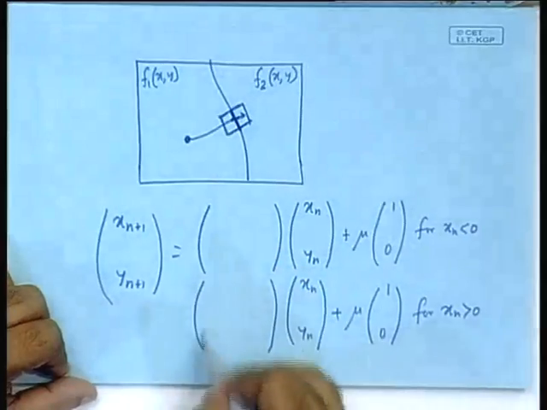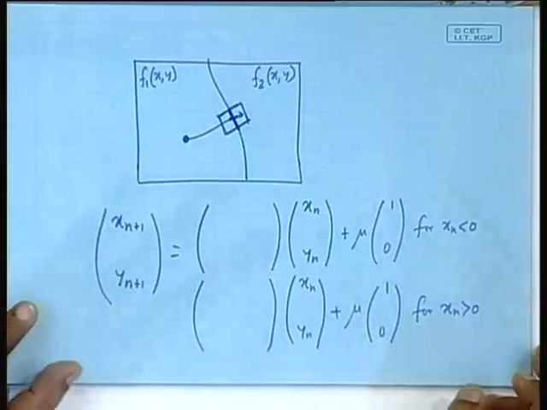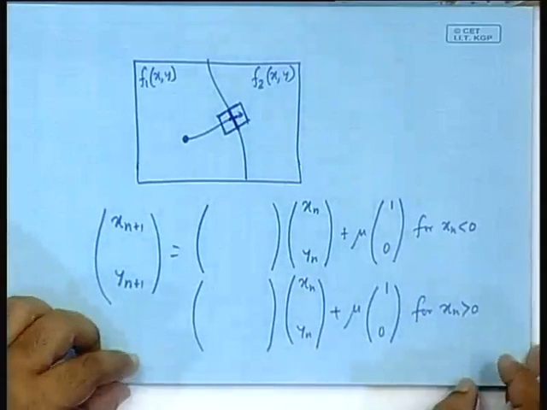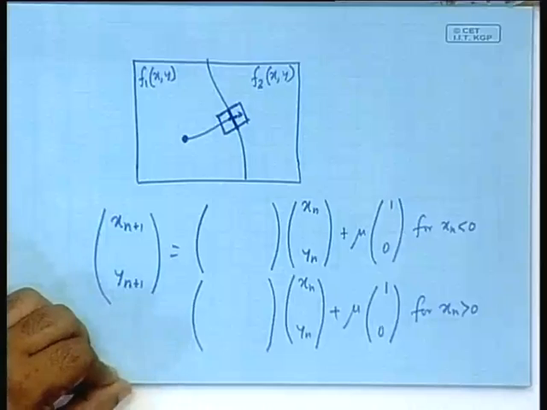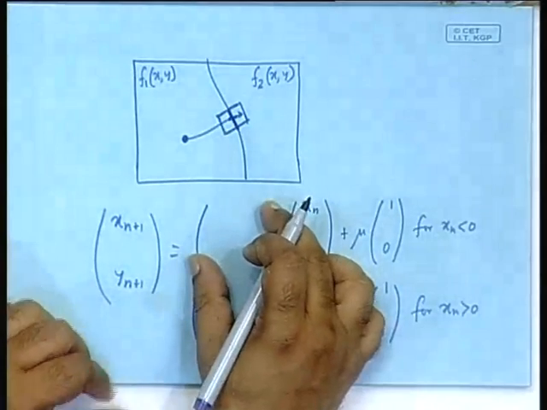What are these matrices? Now, these matrices in the very convenient normal form are expressed only in terms of the trace and the determinant of this Jacobian matrix.